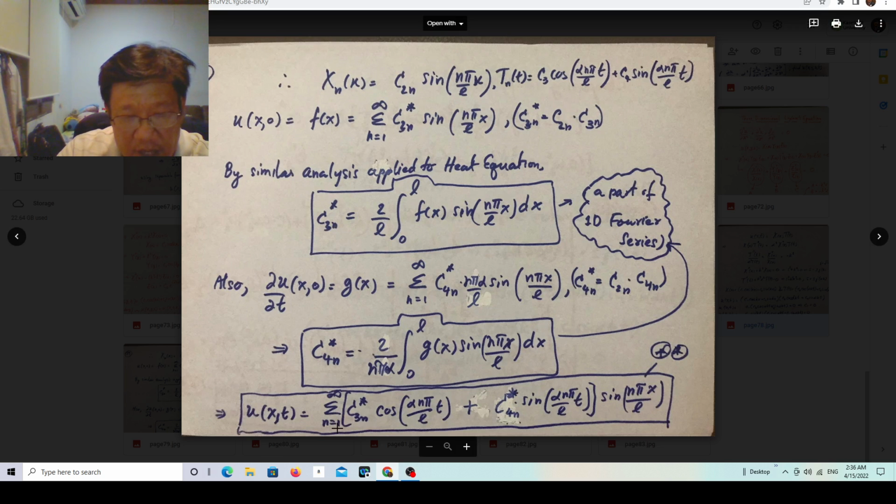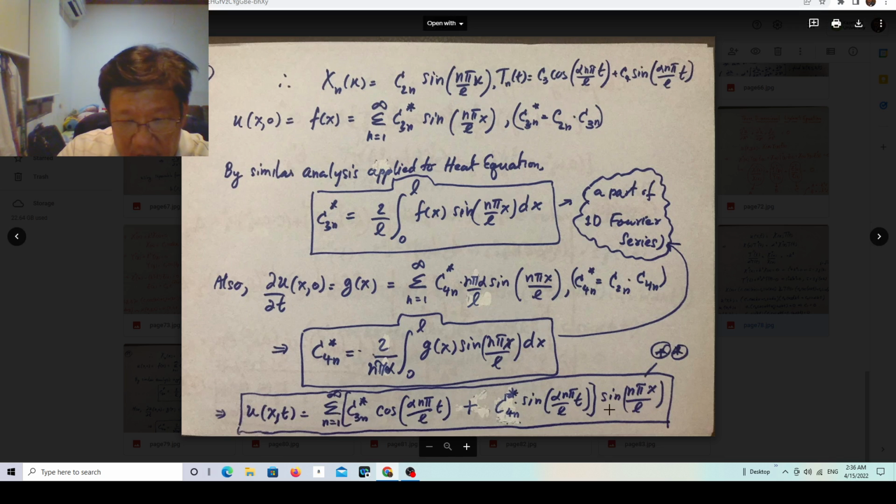And u of x,t is a combination of all the parameter functions of n, for n from 1 to infinity. You have two constants, c star sub 3n and c star sub 4n, which can be found using this.